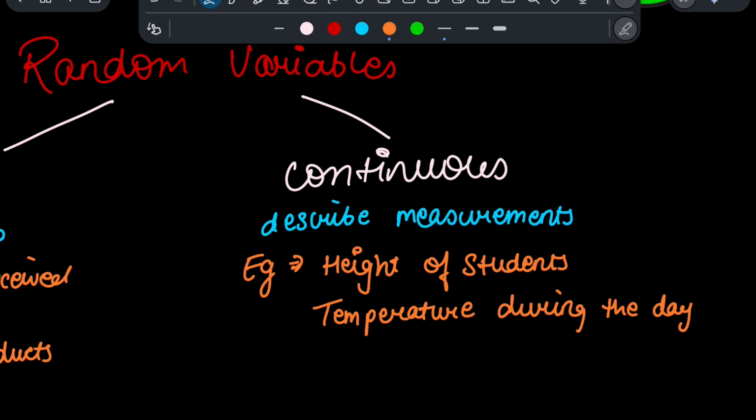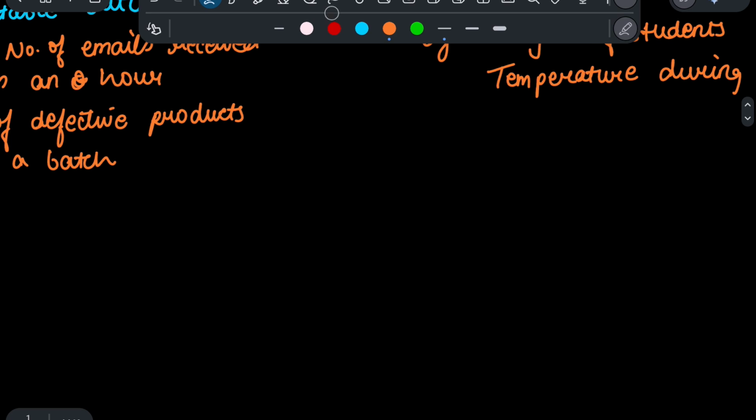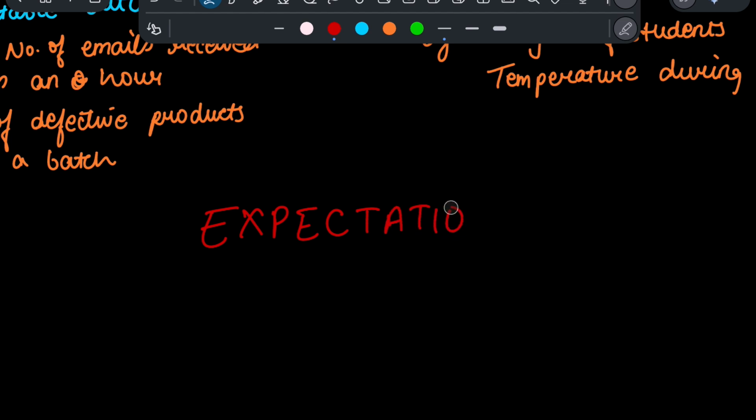Now another topic which we're going to study today is expectation, which is also known as the expected value. The expected value represents the long-term average outcome if an experiment is repeated many times.